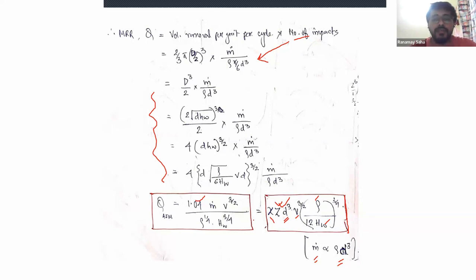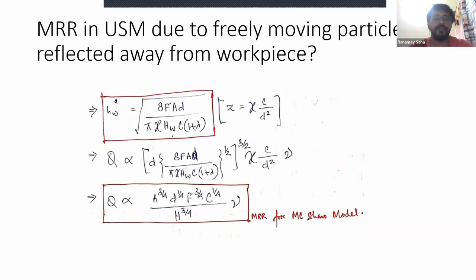There's nothing much new. It's similar to ultrasonic machining process. You can have a look at it. So having said that, we'll move to a case in which you have to find out the MRR due to freely moving particles which are deflected away from the workpiece.